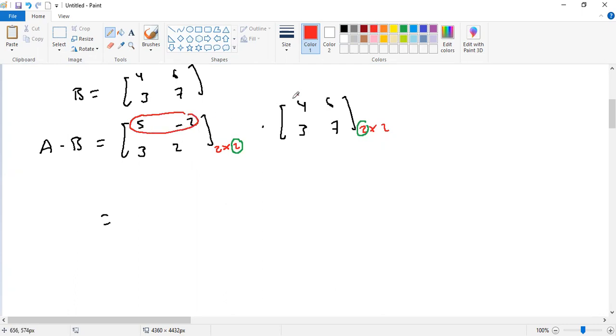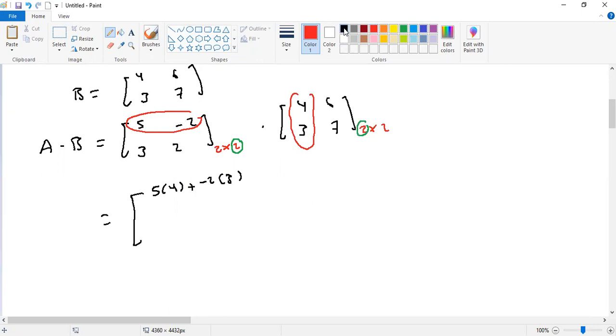So we multiply the first row by each column of B, and then we go over the second row and also multiply by each column of B. This is the way of multiplication. The first row: 5 times 4 plus -2 times 3.